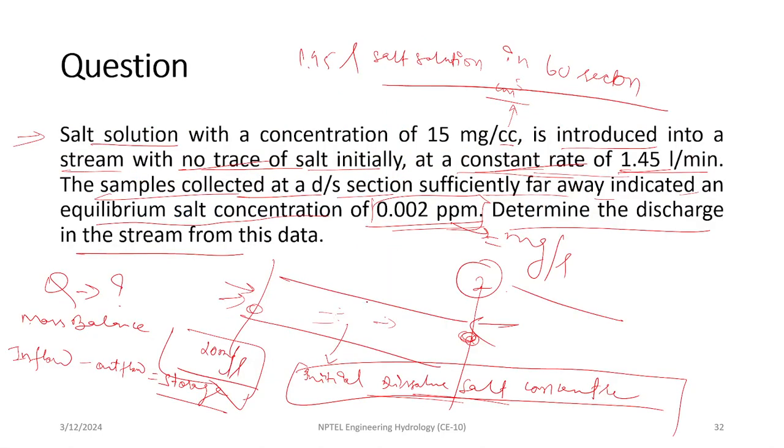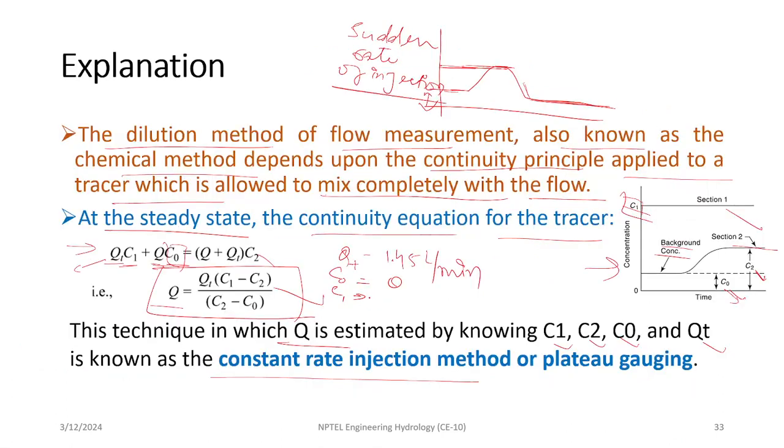It was 15 milligram per cc. Cc is nothing but a liter; 1 liter equals 1 cc. Am I right, Ashish? Yes, correct. So C1 is known to us, and also C2 we know. It is 0.002 milligram per liter.